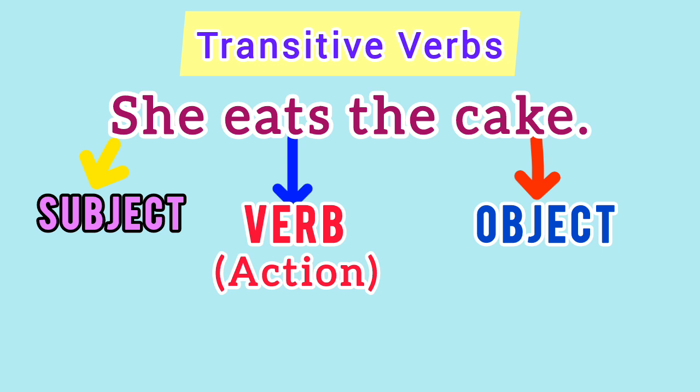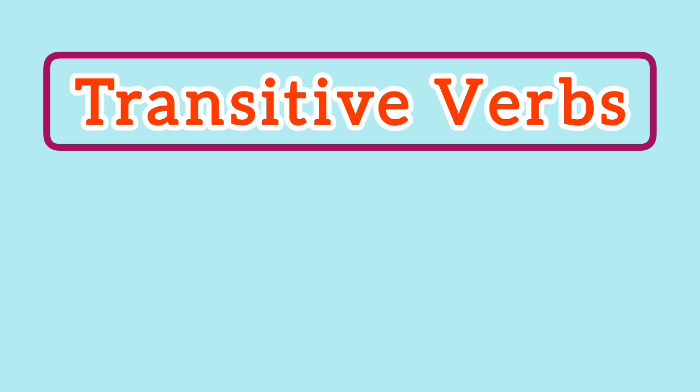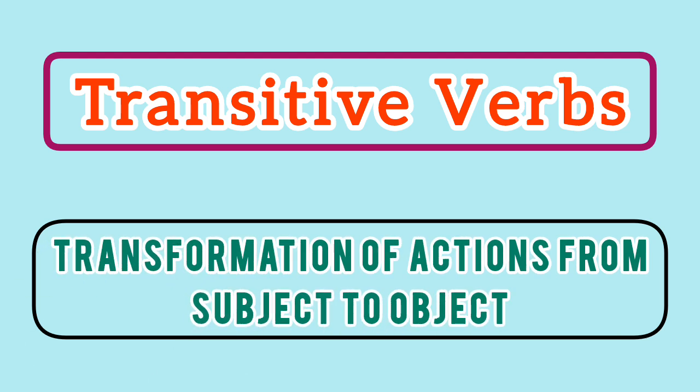So here the action, that is eating, gets connected with the object, the cake. So this way this word eats, which is a verb, belongs to the category of the transitive verb, because here we can see the transfer of the action from subject to object.